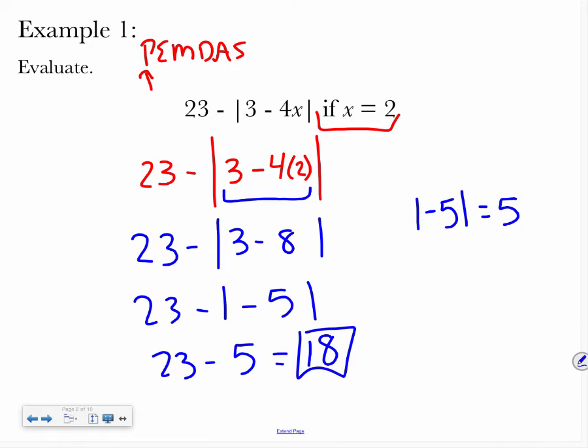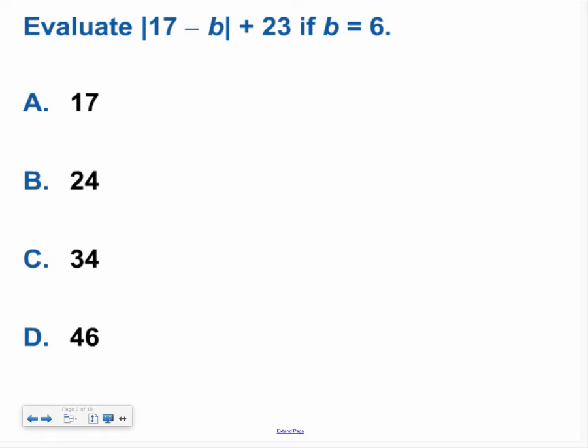So our answer for this expression is 18. Okay? Your turn to try. Evaluate the absolute value of 17 minus b plus 23 if b equals 6. Hopefully you got 34 as an answer. If not, be sure to ask either myself or a friend, and we'd be happy to help.